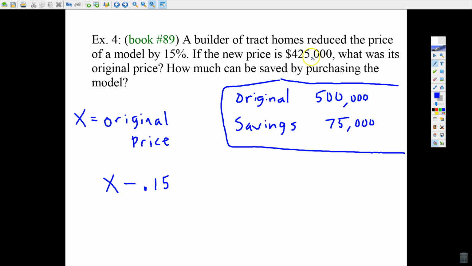The new price is $425,000, but that's after the discount. That's after the reduction. So it's like saying we started with this price, we reduced it by 15% of that price to come up with the new price. So I'll stop there and see if that makes sense.